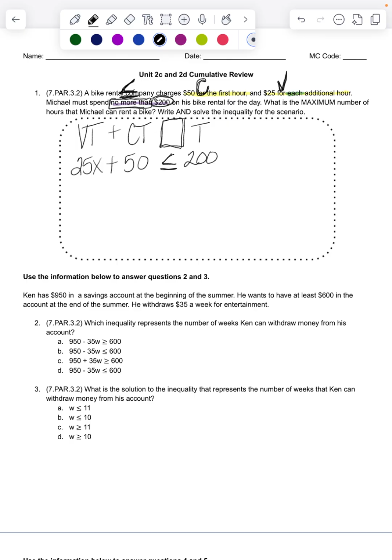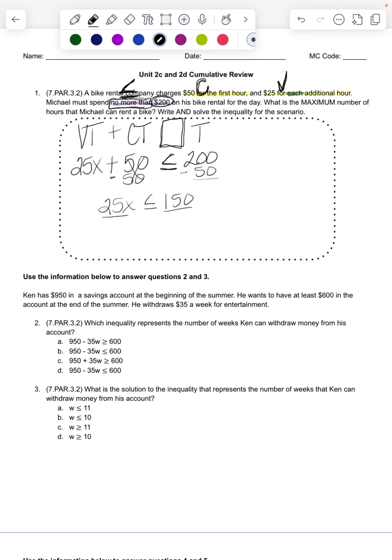So now we are going to just solve. We don't have any simplifying that we have to do. So we're going to start with subtracting 50 from both sides. And we get 25x is less than or equal to 150.